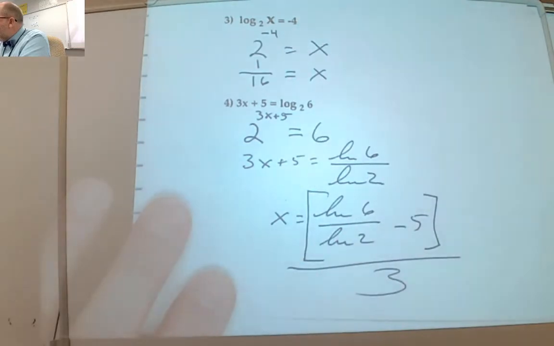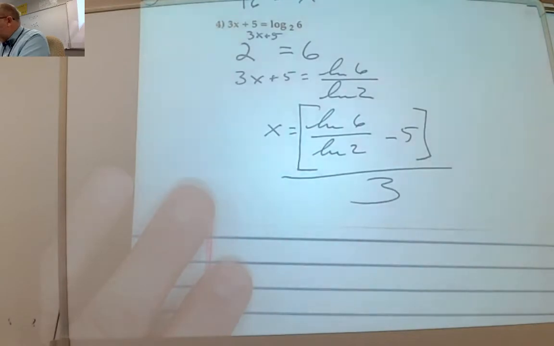Like that? That one I would require an answer to 2 decimal places because it's more complicated. What's the matter? 2 decimal places? Did I say 2? 3 decimal places. Boy, if you do it to 2, that's bad news. Okay? Anybody do that yet? 3 decimal places.